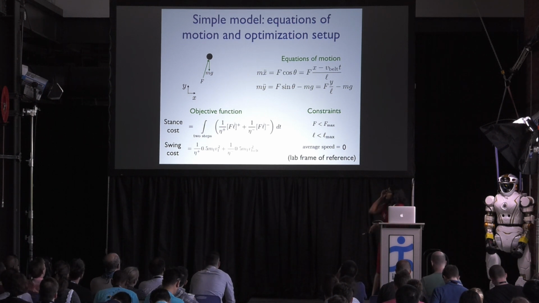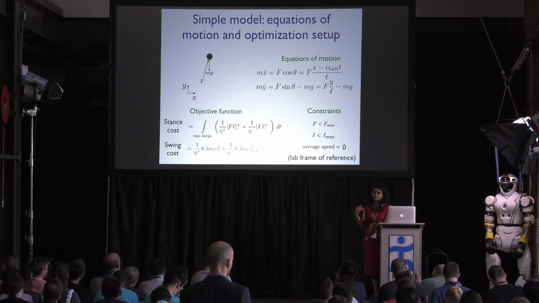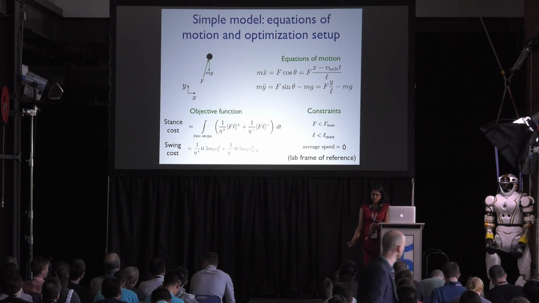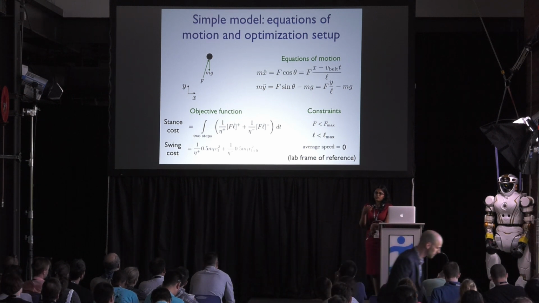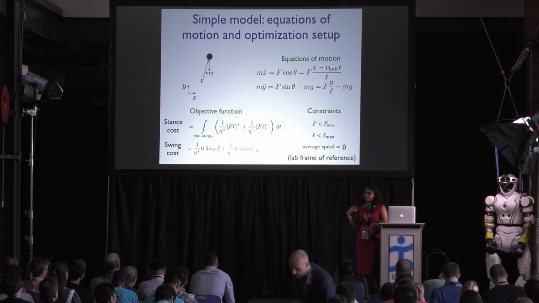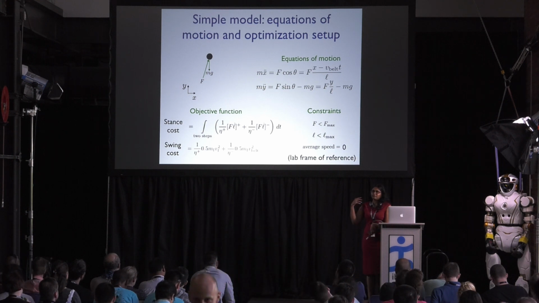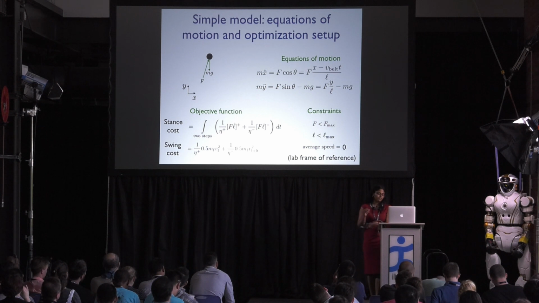The objective function that we're minimizing is a sum of the stance cost and the swing cost, which are the energy equivalence of the work done, where you find the mechanical work and then divide by positive and negative efficiencies. The stance cost is an integral of the force times velocity, and then we find the metabolic equivalent of that, and the swing cost is just the cost of the kinetic energy of swinging the leg during the swing phase.